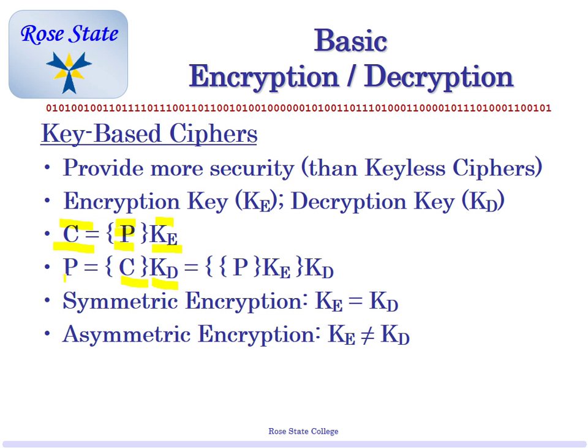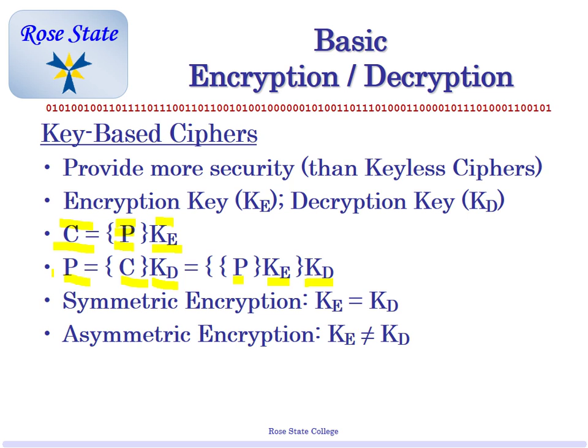Make sense? So it's encrypted with one key and decrypted with a different key. They could be the same key, but that's later. So the plain text encrypted with the key is equal to ciphertext. Then that being decrypted with the key is equal to the plain text again. You see that?